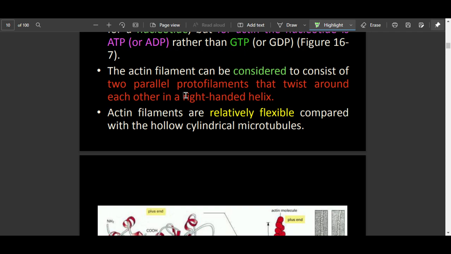Actin filaments are relatively flexible compared with hollow cylindrical microtubules. Microtubules are hollow and cylindrical, but the actin filament is more flexible because there are two parallel protofilaments that twist around each other in a right-handed helix.